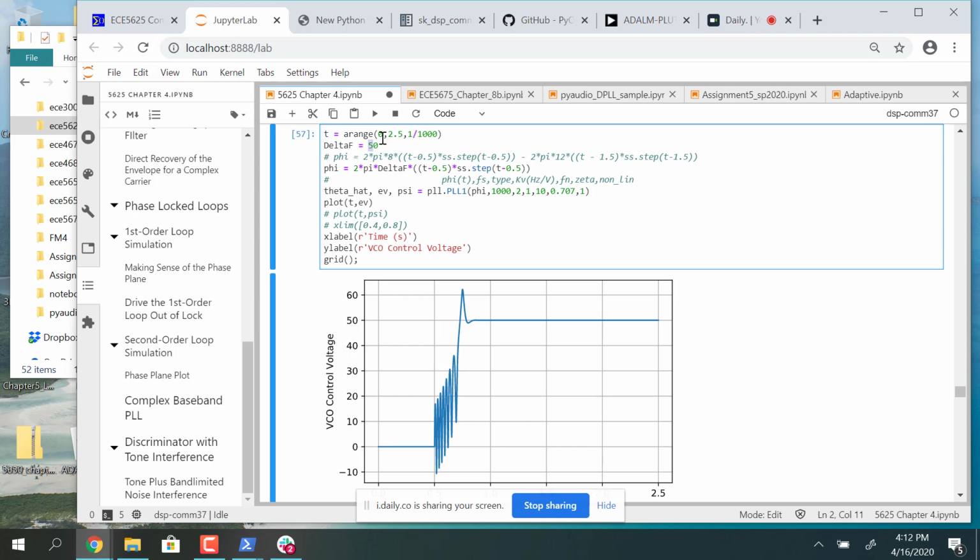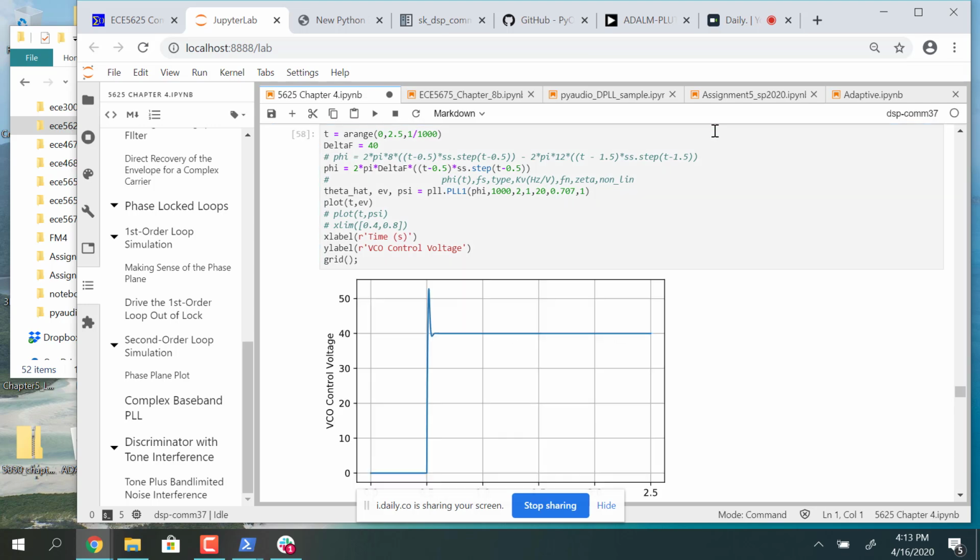Now there's some other interesting things I could do with that. If I want to put in a 40 hertz frequency step, and I change the natural frequency over here to say 20, then the loop's going to respond faster, and now it doesn't require any cycle slipping because the time constants are smaller by a factor of 2, and the loop can pull in naturally in one cycle, and that's what we're seeing happening here.